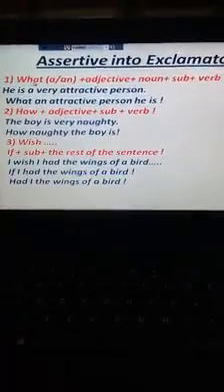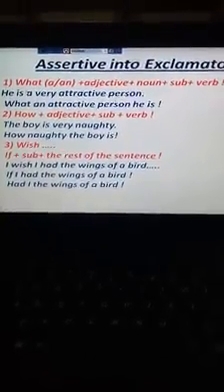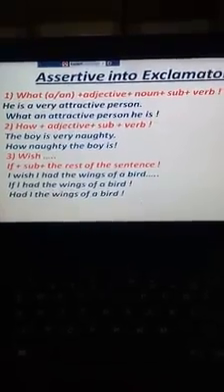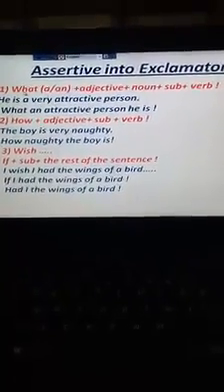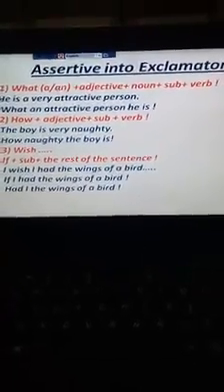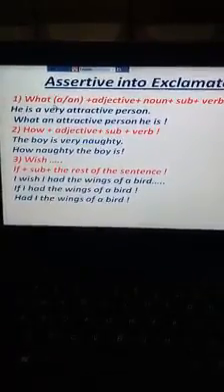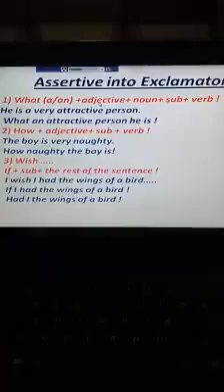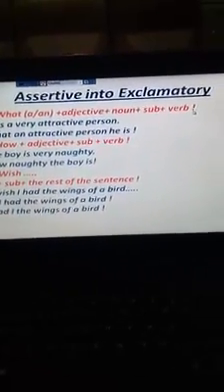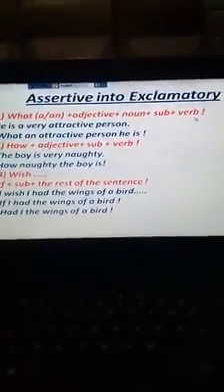These two words function as adverbs in the sentence. And what is used when there is an article like a or an. So the first rule is, you should write what if there is an article like a or an, after that adjective, and then noun, then subject, and then verb, and of course there should be the note of exclamation.